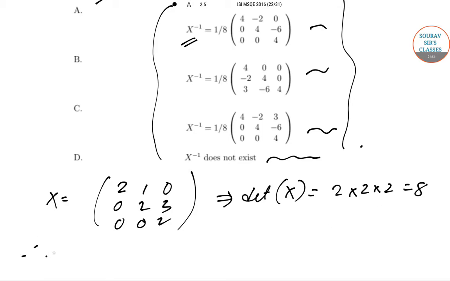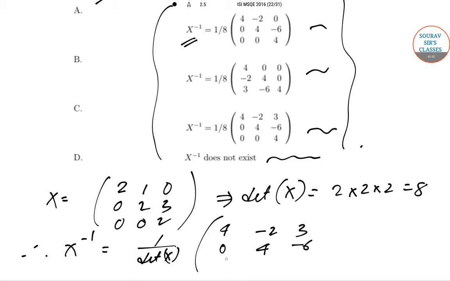So in any case the matrix X inverse will be 1 by determinant of X upon 4 minus 2 3 0 4 minus 6 and 0 0 4.